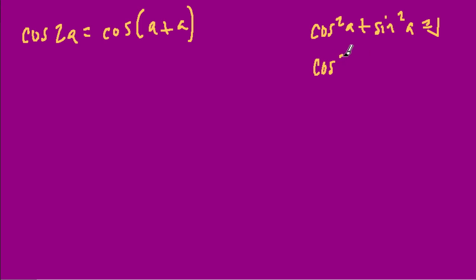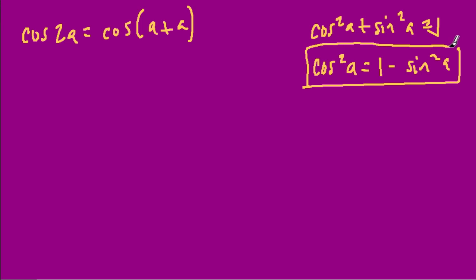So cosine squared of A equals 1 minus the sine squared of A. Right, this is going to help us out. So 1 minus the sine squared of A equals the cosine squared of A, and the cosine of 2A equals this, which we said, well, the cosine of 2A equals 1 minus 2 sine squared of A.